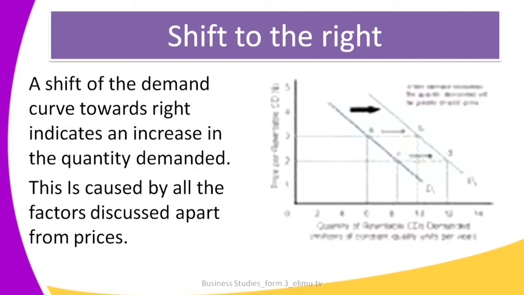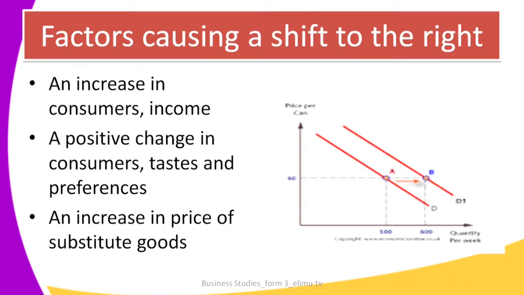So a shift to the right is caused by those factors that increase demand. Anytime you see a question on a shift to the right, remember it is factors that increase demand that bring about a shift to the right. And those could be from the many factors that we discussed. For instance, we talked about the consumer's income.